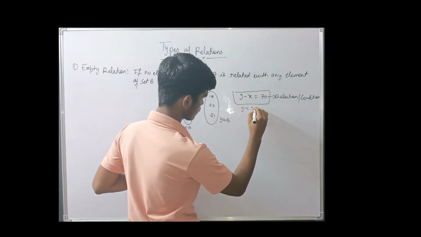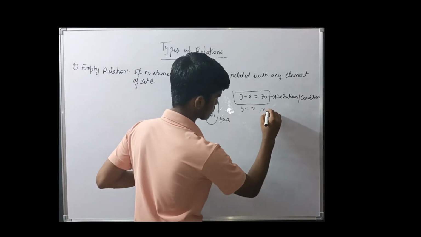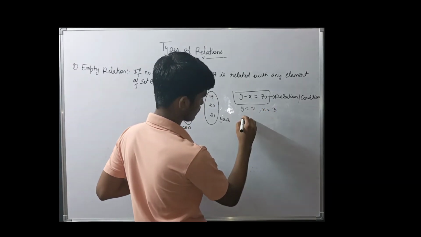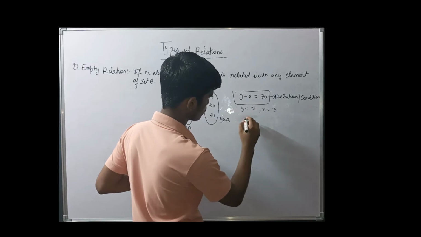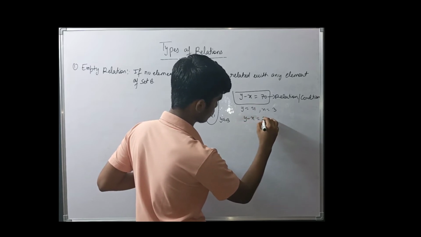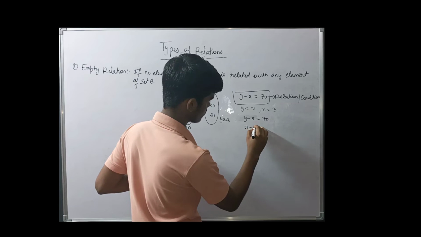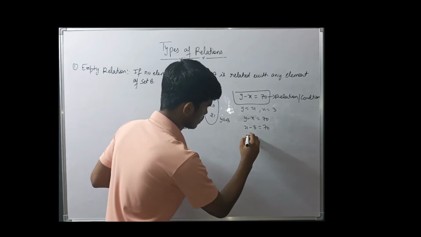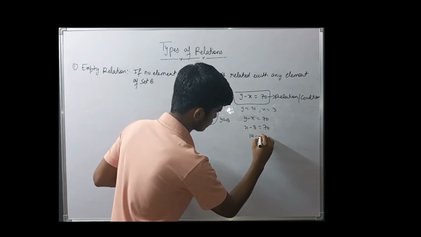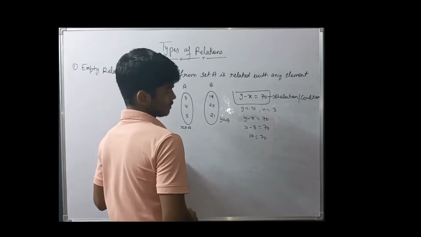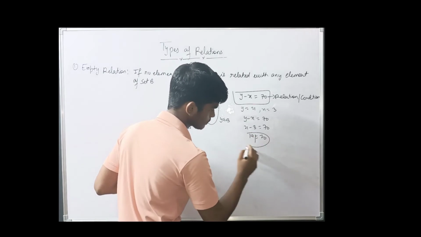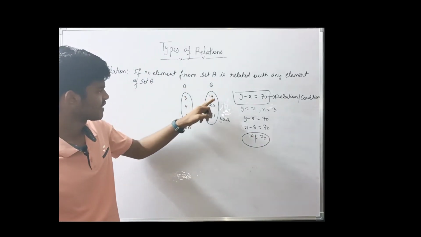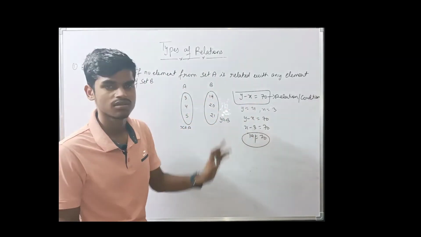If I take Y equal to 21 and X equal to 3, how much will I get? 21 minus 3 should be 19, and according to the relation, it should be 70. So 19 should be equal to 70. Not possible. And if I take any numbers, 70 will not come out anyway.